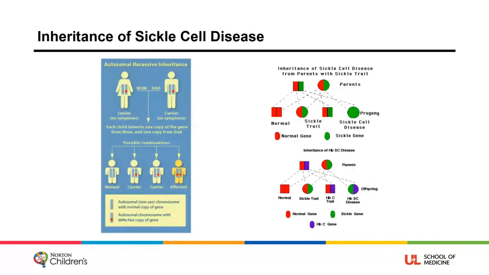So sickle cell disease is inherited in an autosomal recessive manner, meaning that you have to inherit one mutation from mom and one from dad.